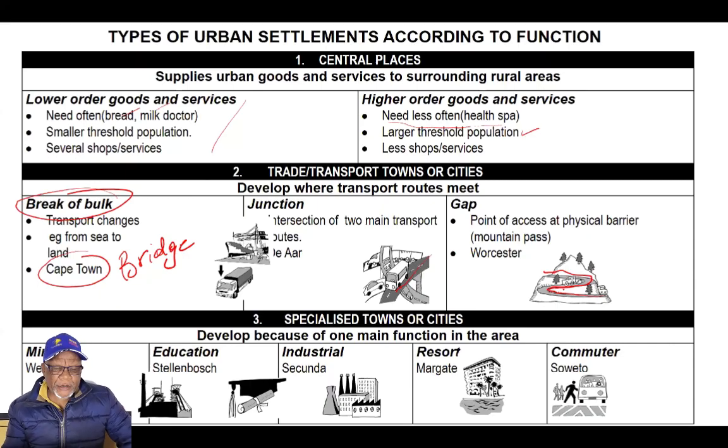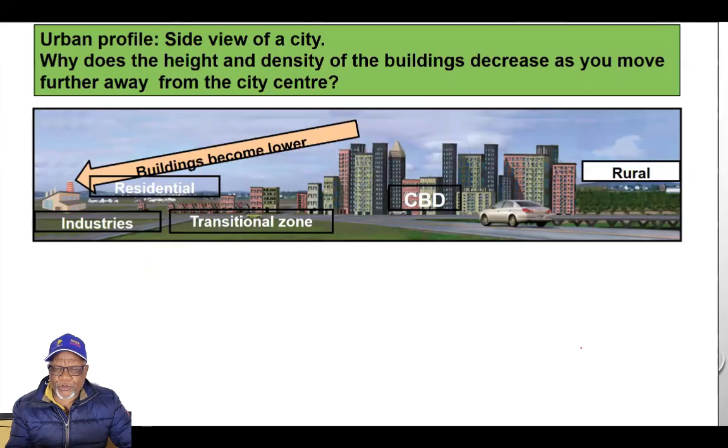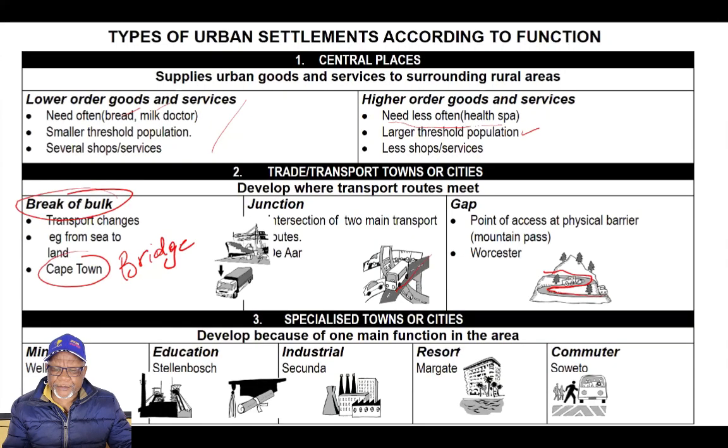Then we have another town, called a mining town. So a mining town, education town, industrial town, resort town, or commuter town. These towns are considered to be special or specialized towns because they have a dominant economic activity. So we refer to them as specialized towns.